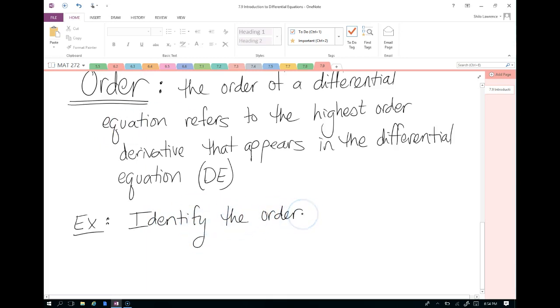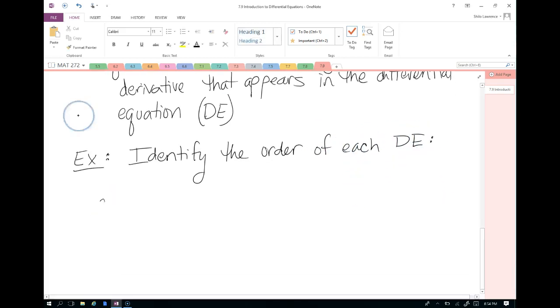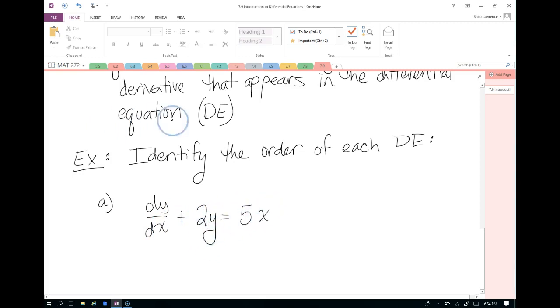So let's look at a couple of examples. We're going to, for now, just identify the order of each differential equation. So we've got dy dx plus 2y equals 5x cubed. All we want to know right now is the order.